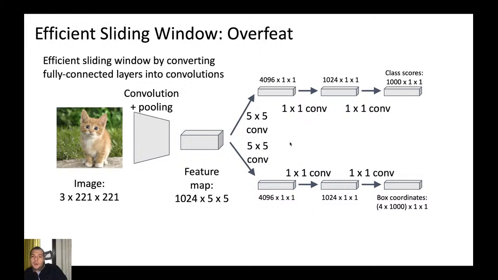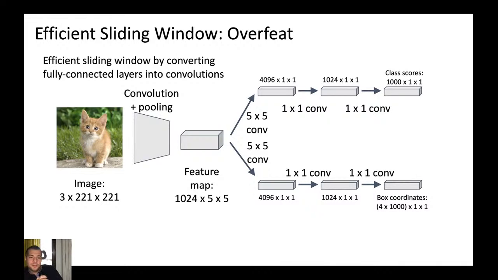Okay, so we can do this using this procedure. Mainly what we do is we make sure that the size of the filters is equal to the size of the input activation maps, and the number of filters is equal to the number of units in the fully connected layer.